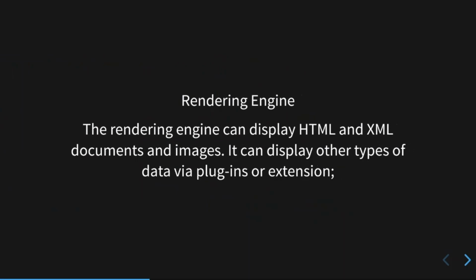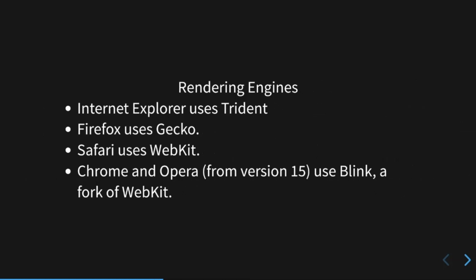The rendering engine can display HTML and XML documents and images. It can display other types of data via plugins or extensions. In the modern world, we have a lot of rendering engines for many browsers. For example, Internet Explorer uses Trident, from before Internet Explorer moved to the Chromium project.